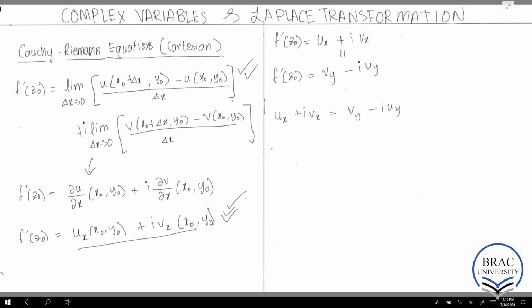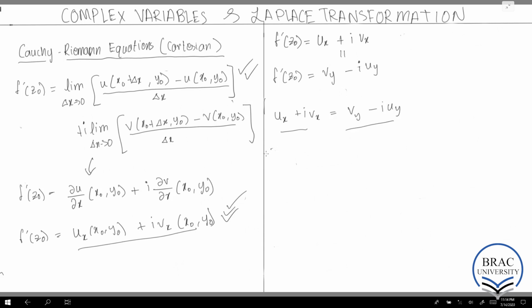Now, remember that on both sides, the real parts must equal each other and the imaginary parts must also equal each other. So since the real parts of f prime from the left hand side and the right hand side must equal each other, and in similar fashion the imaginary parts must equal each other, we have the following two equations.